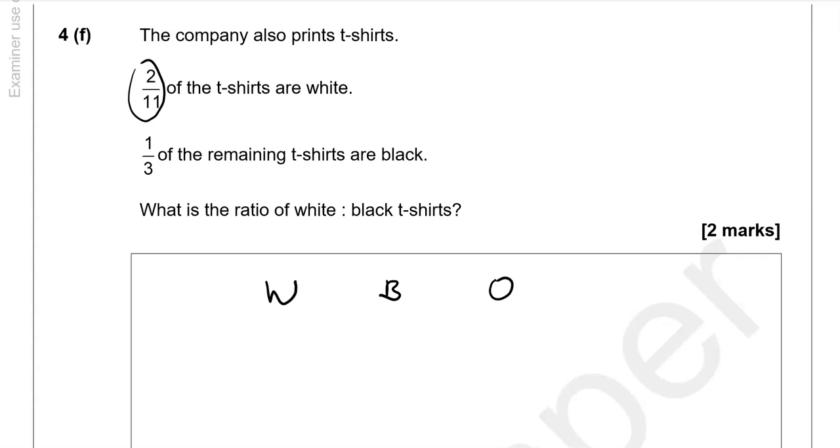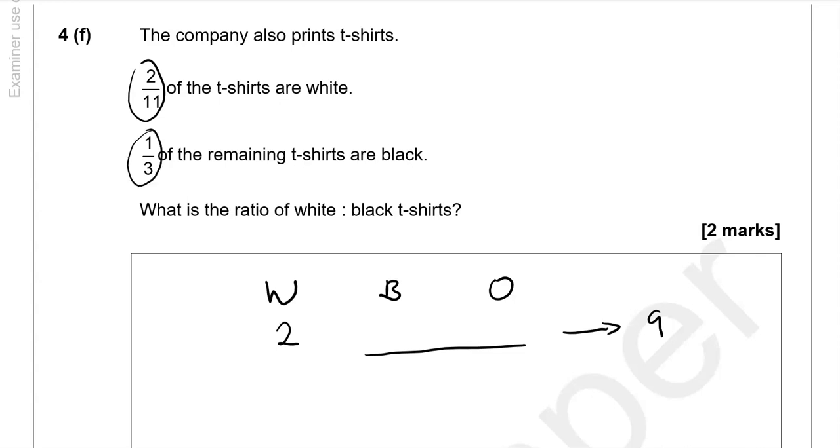So 2/11 are white, so 2 out of 11 in total. So that means that black and any other color will be equal to 9, because 9 and 2 makes 11.